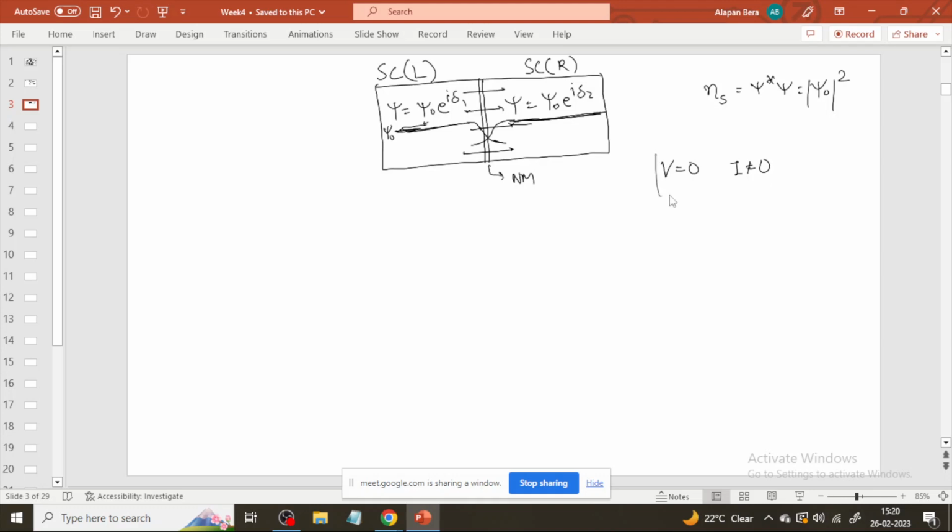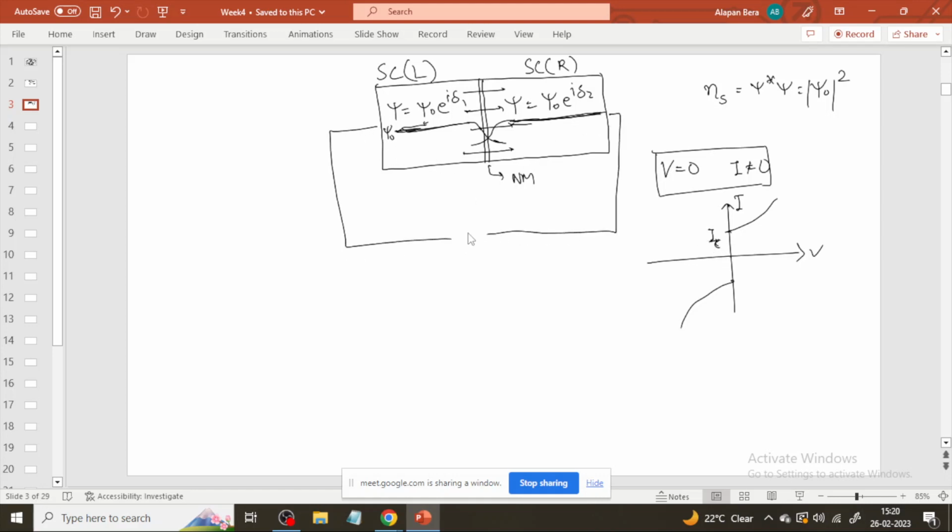That is how we get this property of the characteristics in the case of the Josephson junction. So this is IC, and without applying a voltage, we get a certain amount of current flowing through this circuit.